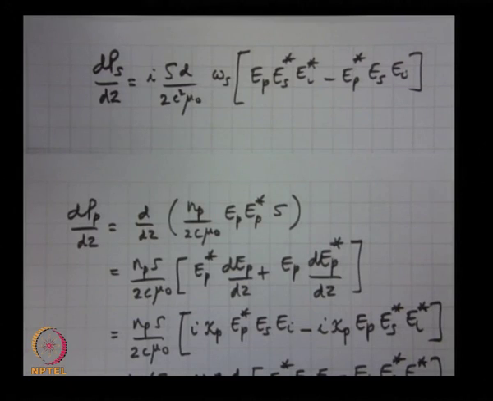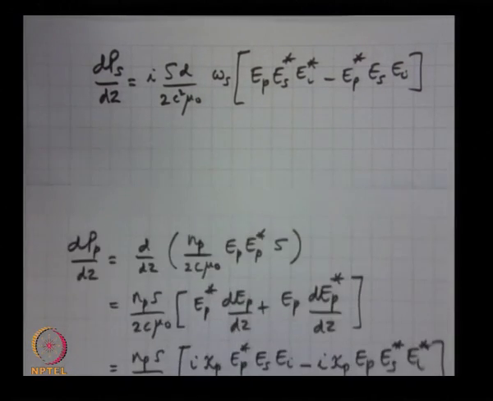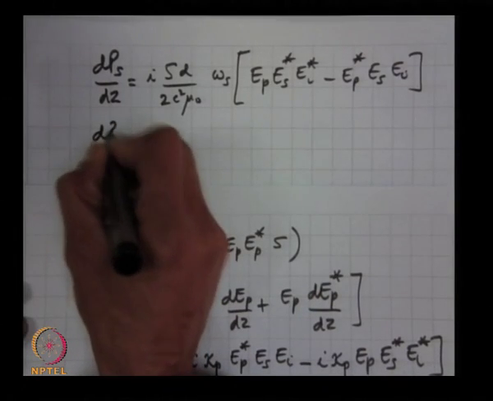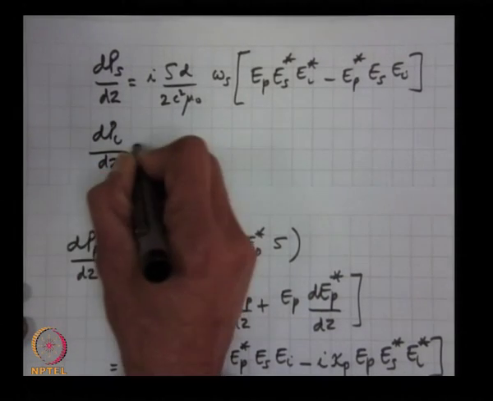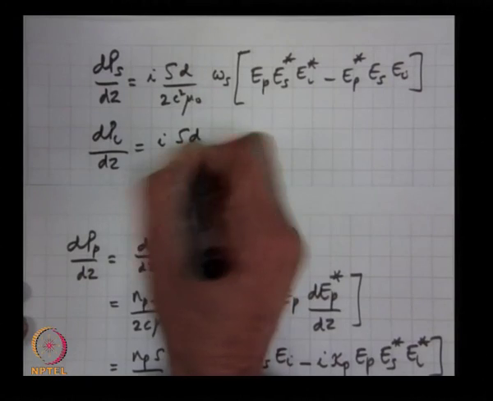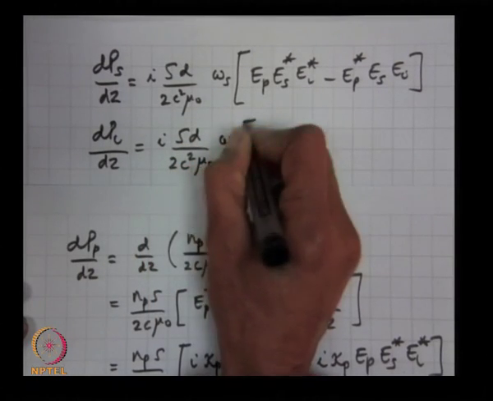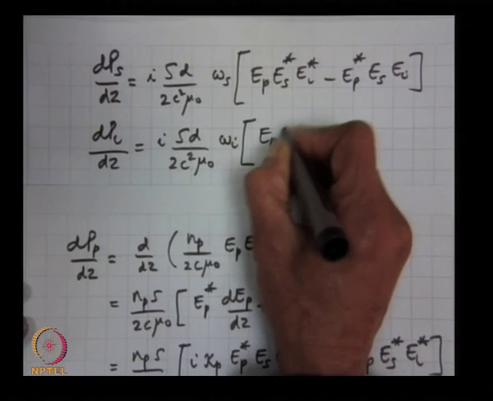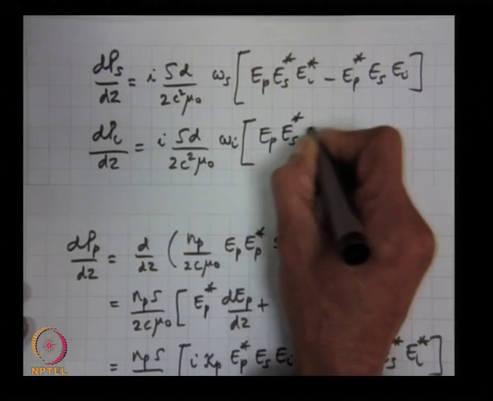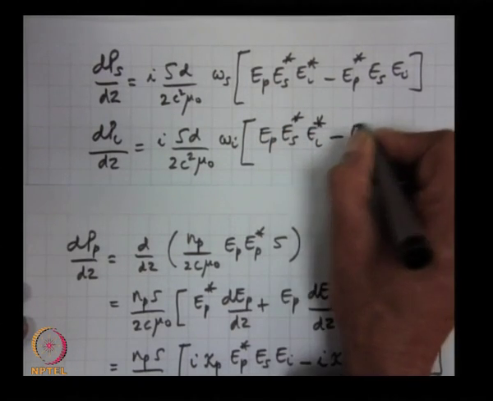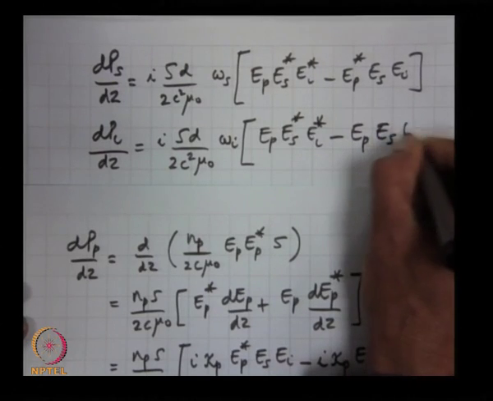Verify the right equation. And similarly, dPi/dz, please show it's i s d by 2c square mu 0 omega i Ep Es* Ei* minus Ep* Es Ei.